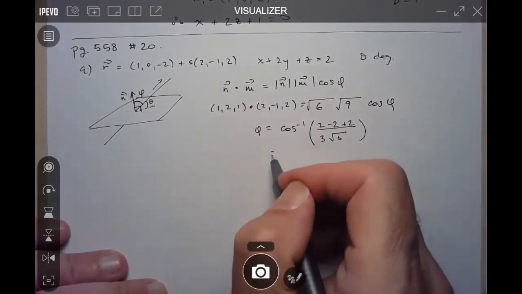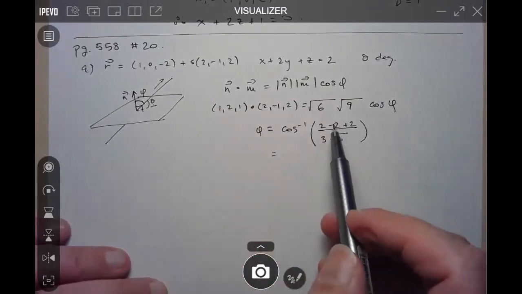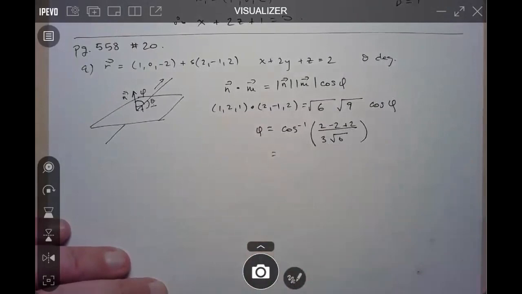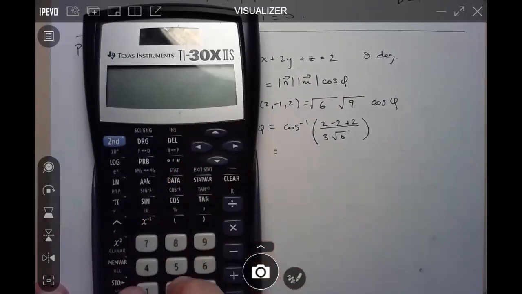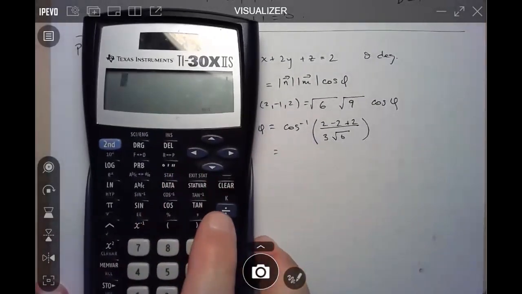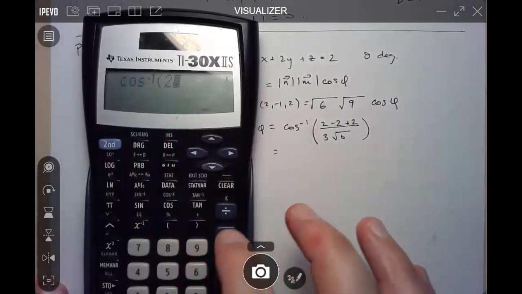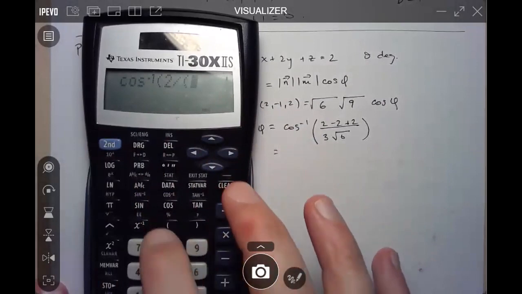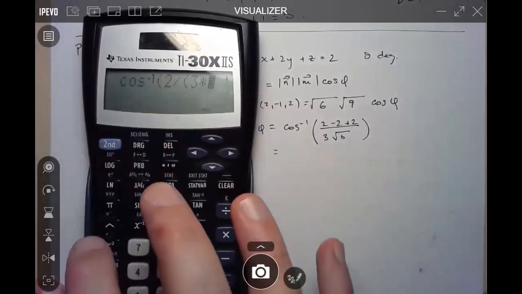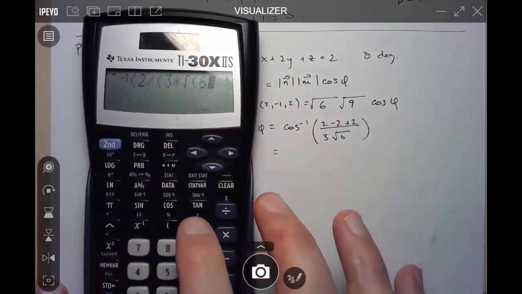Let's see what we get. Those cancel out, so it's going to be 2 over that. So let's check this out here. We have cos inverse of 2 divided by 3 times square root of 6.